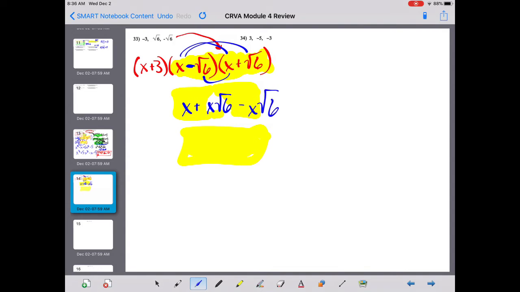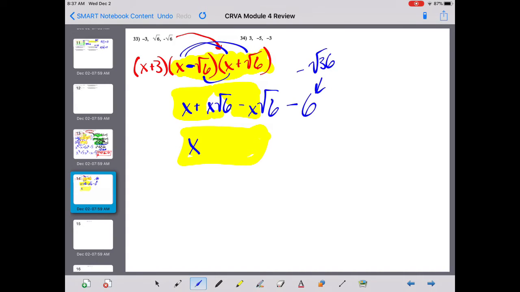Negative x square root of 6. When you multiply two things together and one's positive, like a positive x times a negative, you get a negative. And then last but not least, we have negative square root of 6 times square root of 6, which is a -6. Just like that, because really we would have a negative square root of 36, and the square root of 36 is 6.